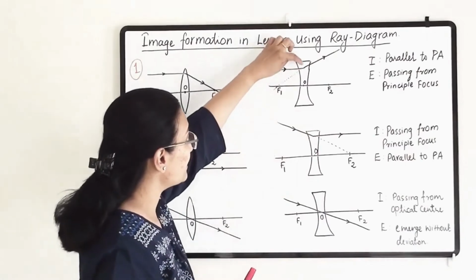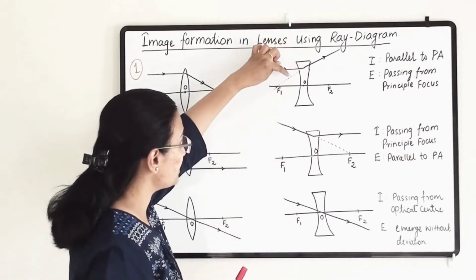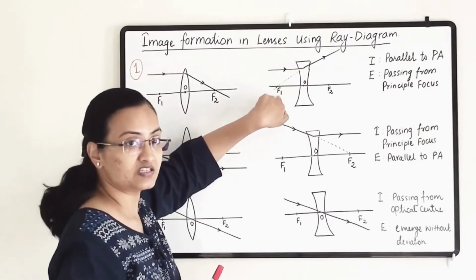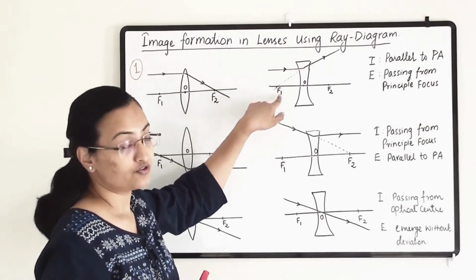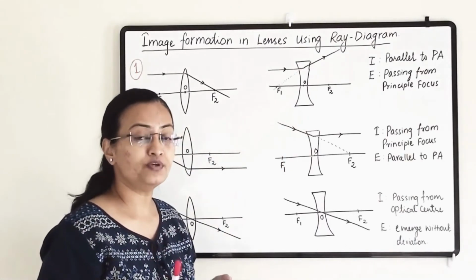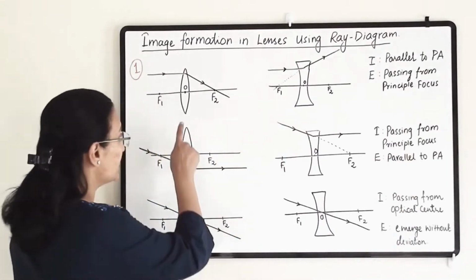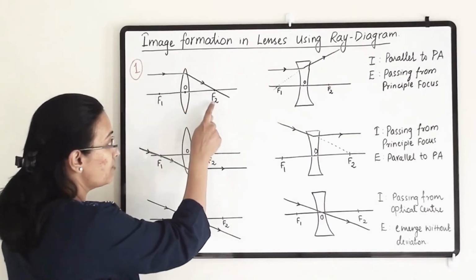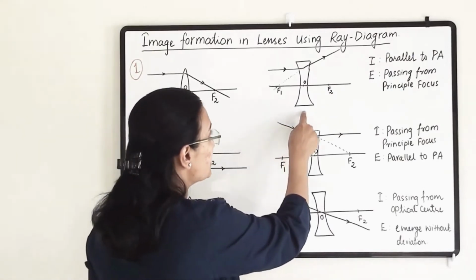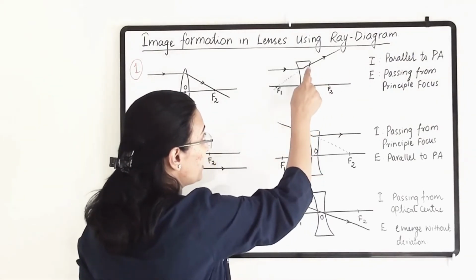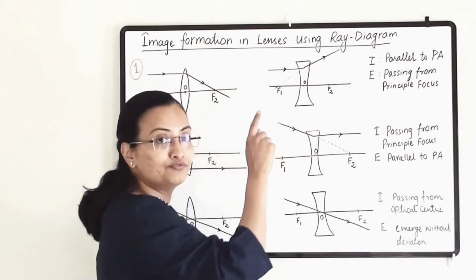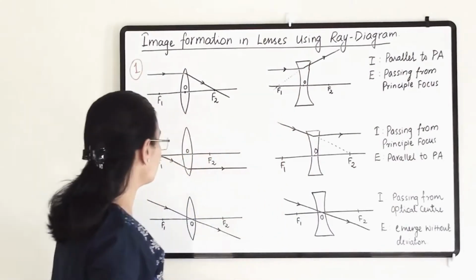But when we extend that emergent ray towards this side, we see that it passes through the focus point. So in both cases the emergent ray passes through the principal focus, but in the convex lens it passes through the principal focus on the other side of the lens, and here it is diverging away, but when we extend that ray, it passes through the principal focus on the same side.